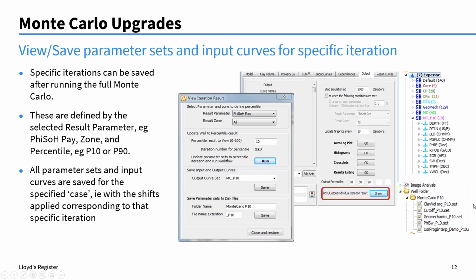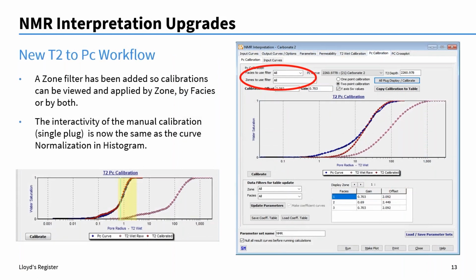So by writing them out, literally as a curve set, and also as a folder in the well with a .set file, if you then open each of those elements of the interpretation workflow, like clay volume, load that parameter set, select those input curves, and then hit run and go through the entire workflow, you will get that exact case. So you can extract a specific case now from the workflow.